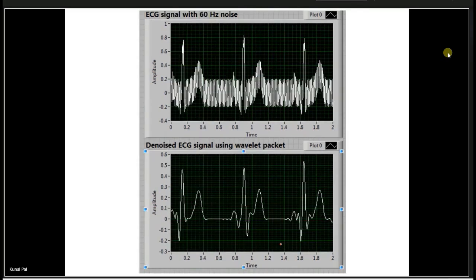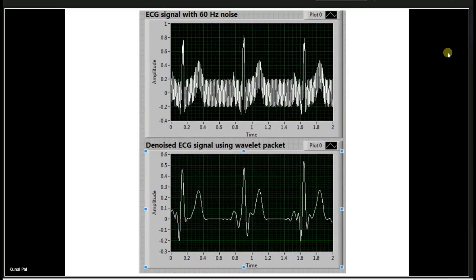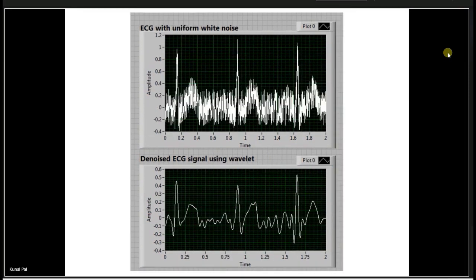This is the same thing, but using a different wavelet, I suppose. And then we have ECG with uniform white noise. Over here, while removing the white noise, the wavelet may not function in the way we expect.